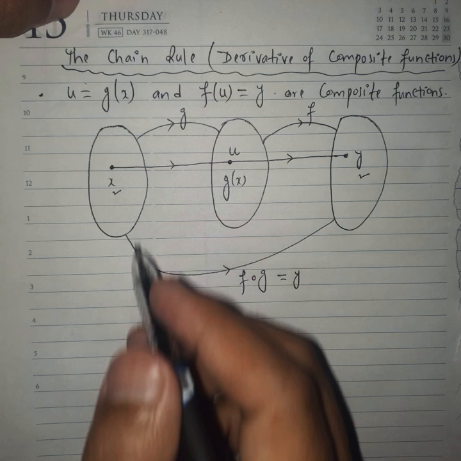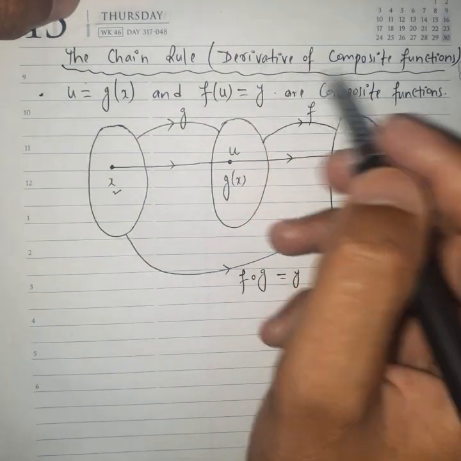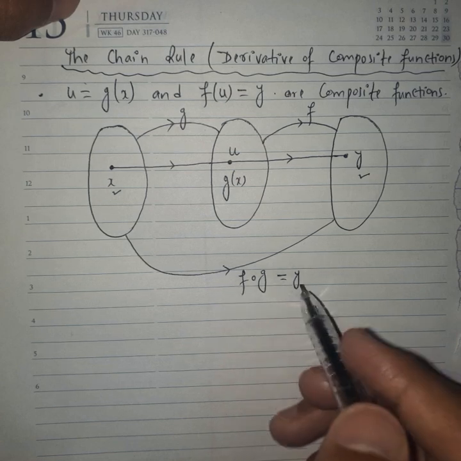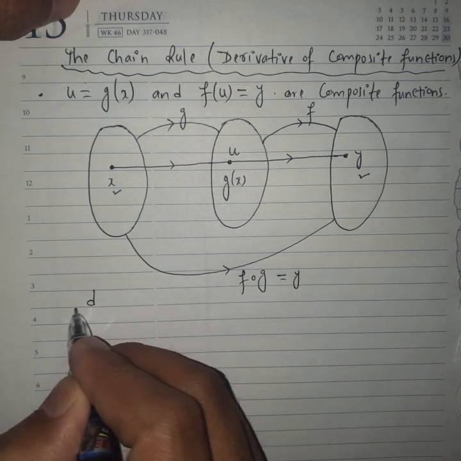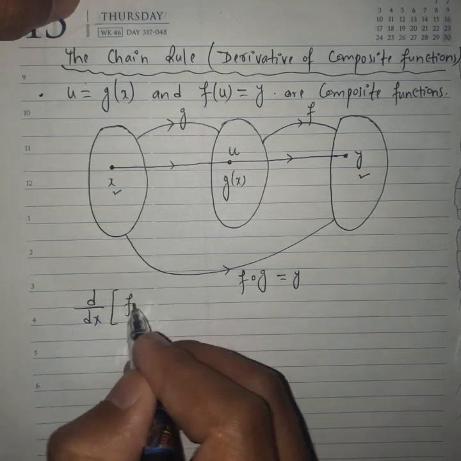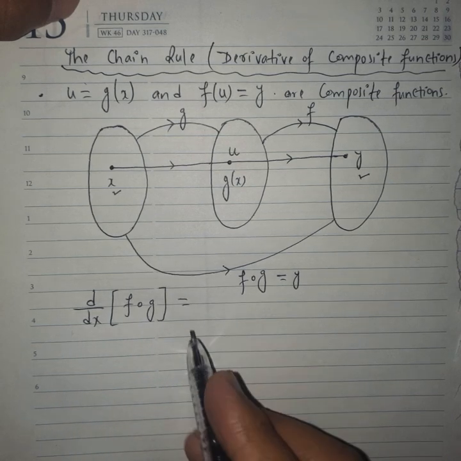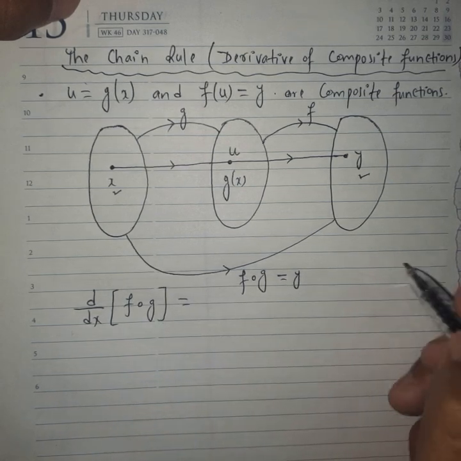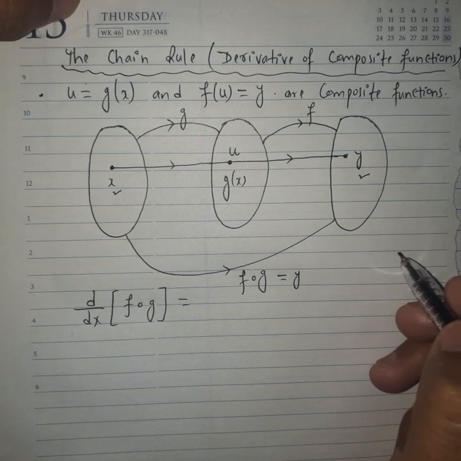In this lesson we are going to discuss the derivative of this composite function. This is the composite function, and we want the derivative with respect to x of this composite function f composite g. Here we know that the derivative is the rate of change of the output with respect to the input.